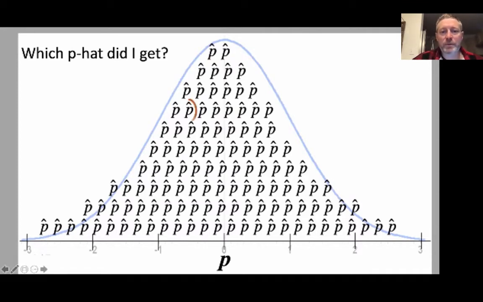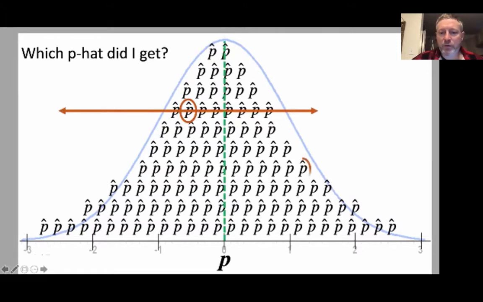So it could have been this one. Maybe I got this p hat. And if I go out 2 standard deviations, well then, I certainly will capture or overlap or contain the true proportion of orange if that happens to be the p hat that I got this one time.